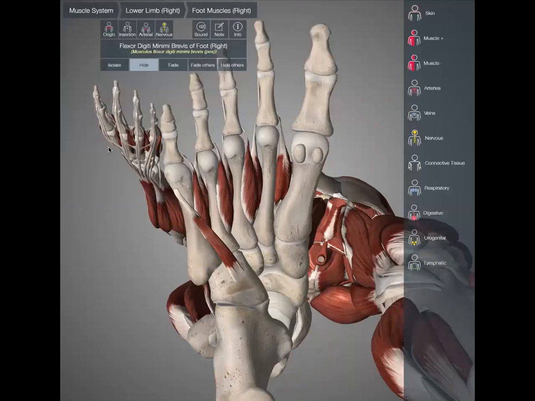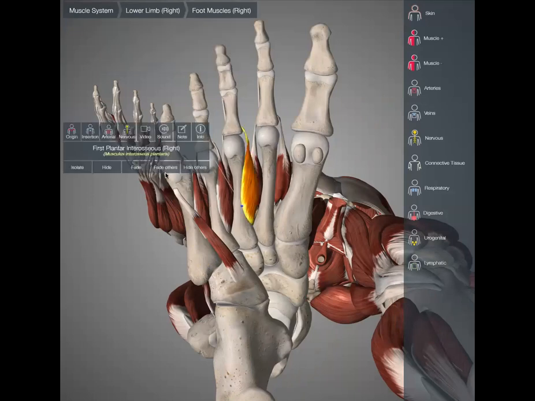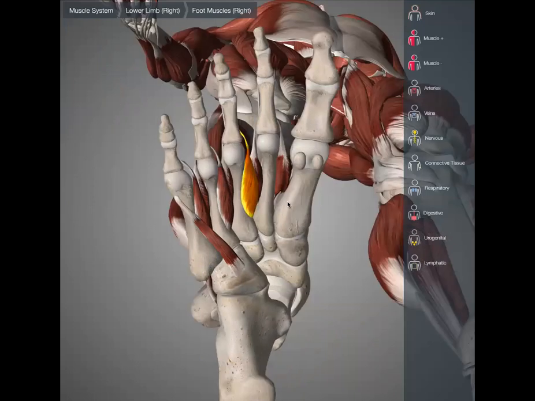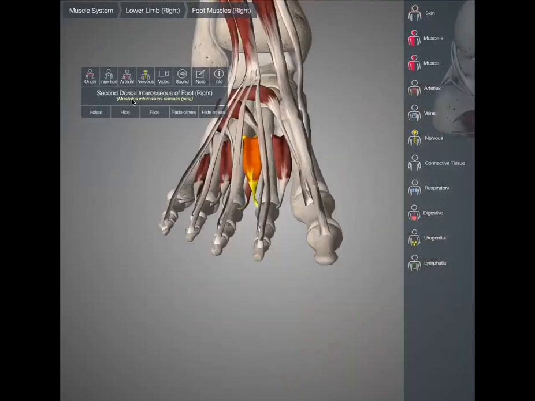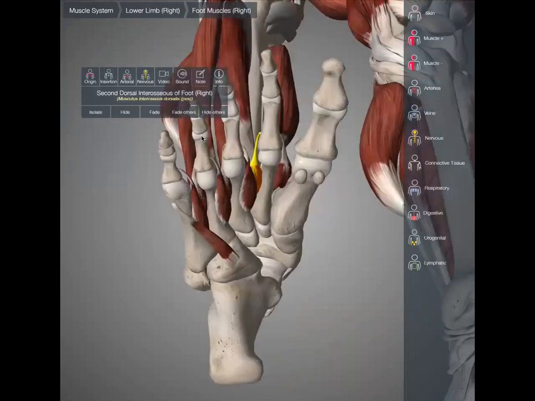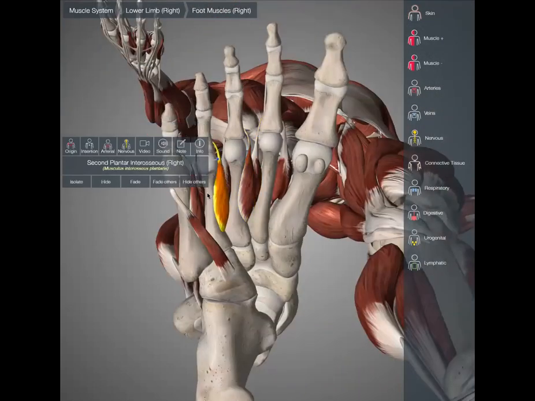Now we're going to go into the final layer, which is the fourth, and then we'll be done with the muscles of the foot. The fourth layer is made up of plantar interosseous and dorsal interosseous. The plantar interossei, they are three, 1, 2, and 3.